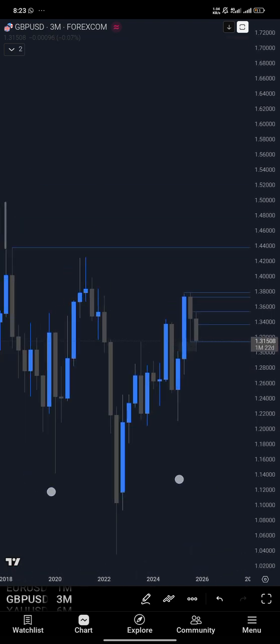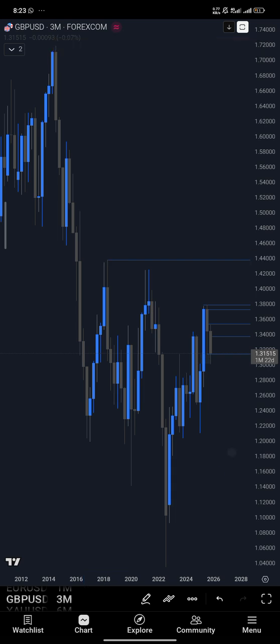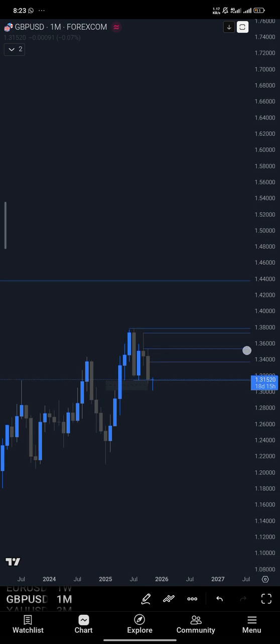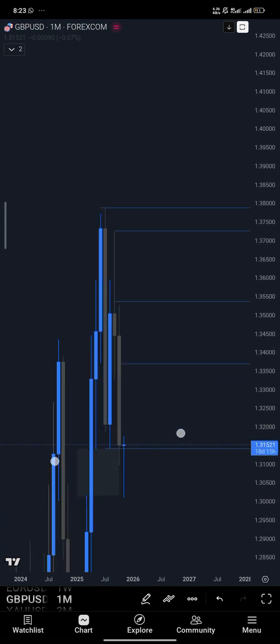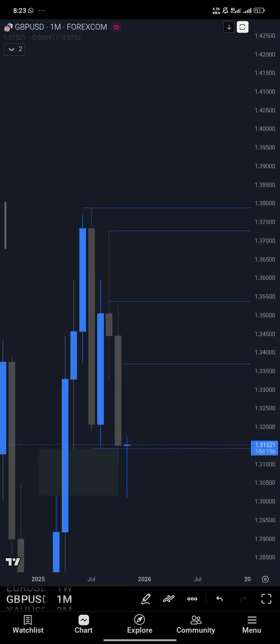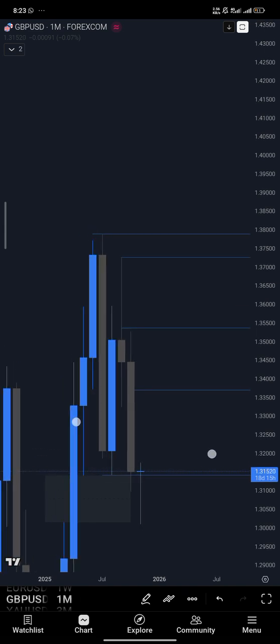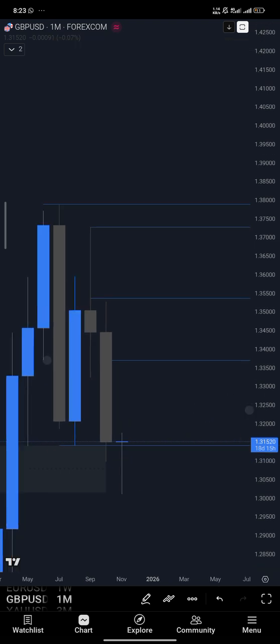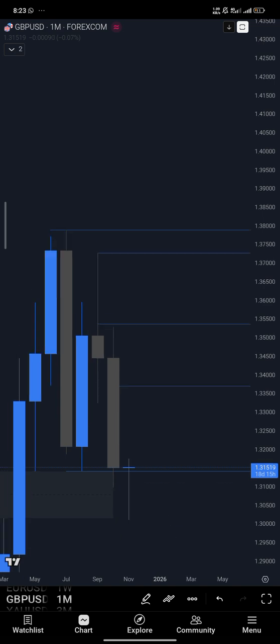Then we have the higher time frame draw on liquidity right there.